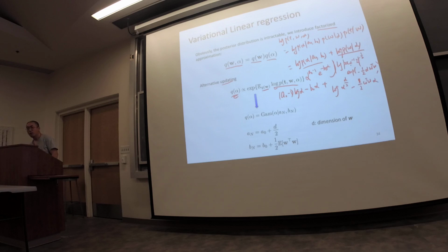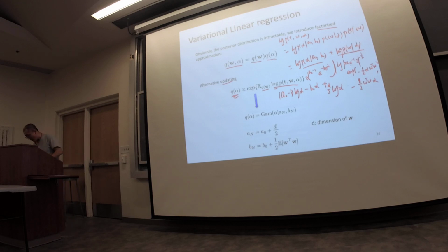And log alpha to the power of half d, you can just move the exponent in front of the log. It's just half d log alpha. It's just a mechanical computation.